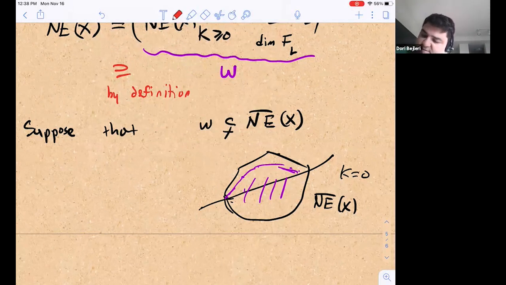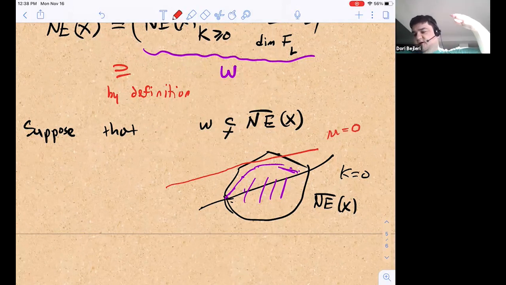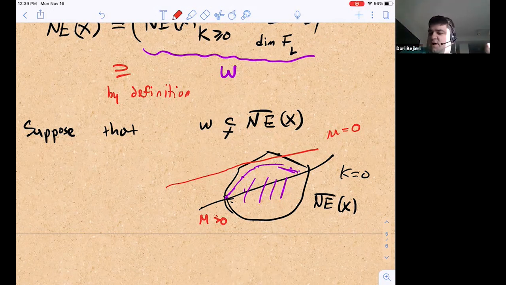If they're not the same, then we can find some rational hyperplane, say M equals 0, that separates them. Where all of W is contained in the M greater than 0 part, but the M less than 0 part of NE bar is non-empty. So we can separate them by this M.